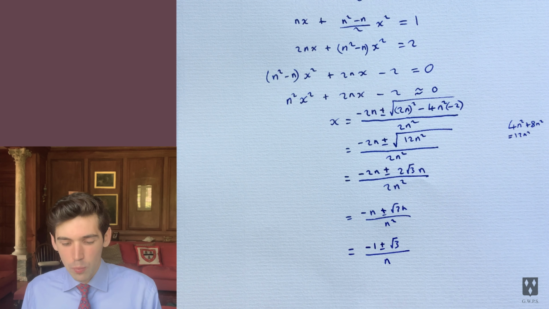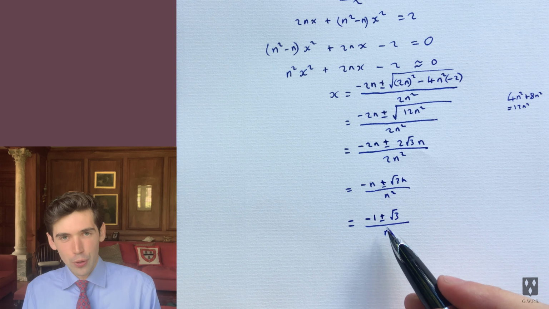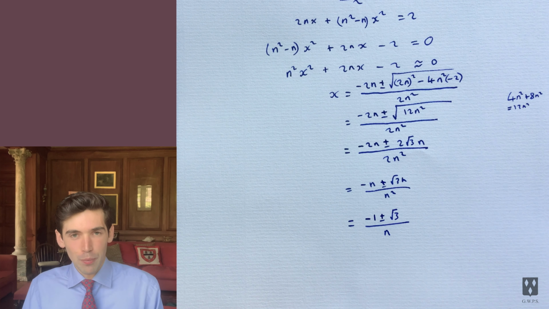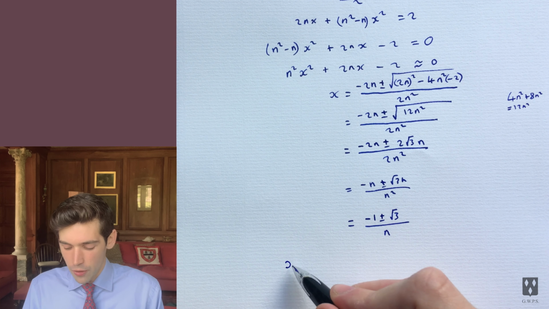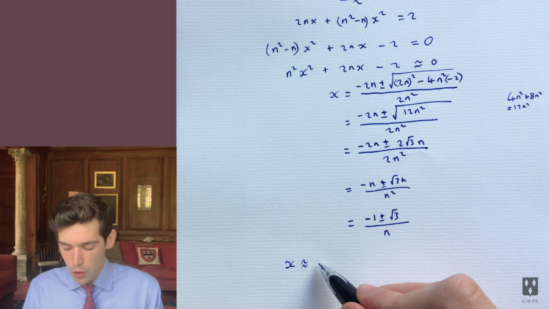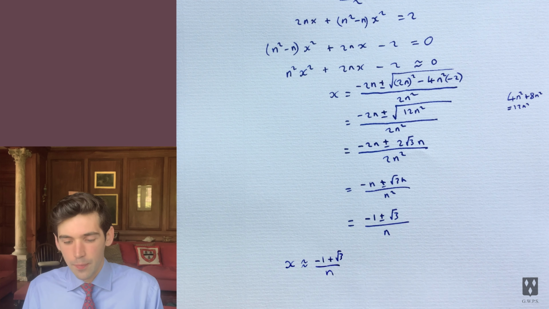And plus or minus, so there are two solutions. And we don't really want the negative solution because x is a percentage. We're not looking at negative percentages. So let's choose the plus one. And so we really got that x in the end is approximately minus 1 plus root 3 over n.